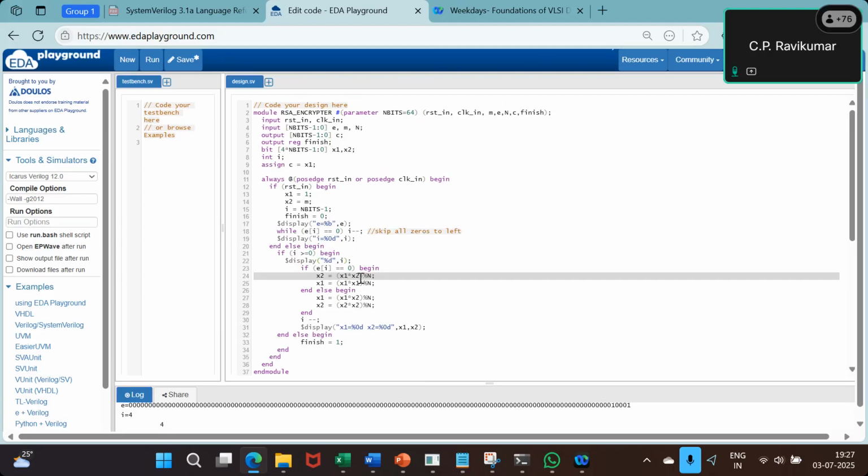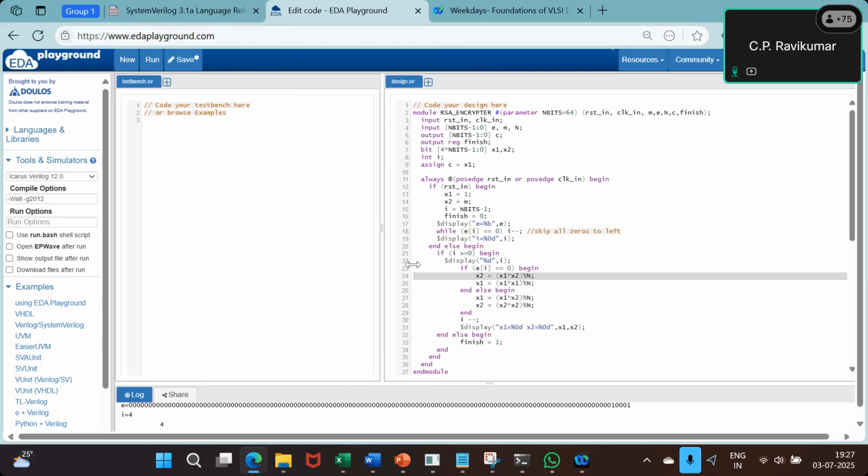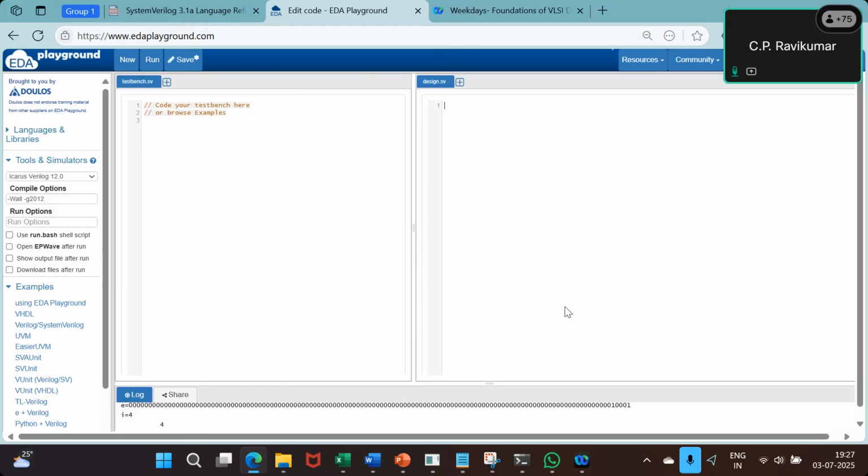You will not be able to do it in C language; you will have to write your own multiplier. Whereas in Verilog or SystemVerilog, they don't come with those restrictions. So that's another reason why it may be useful to have languages like Verilog or SystemVerilog.